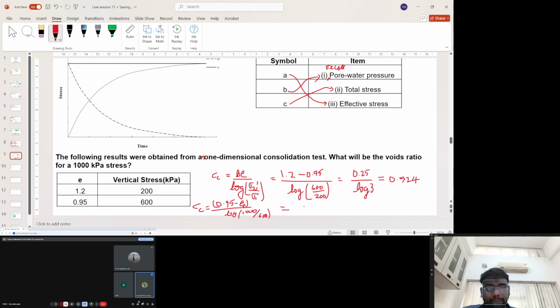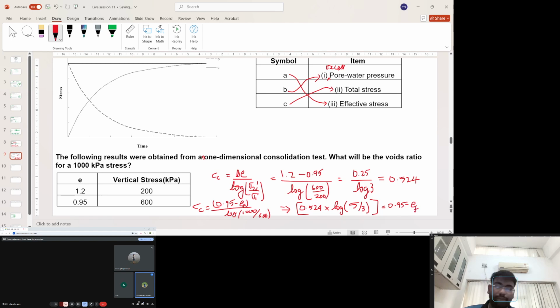So 0.524 into log of 5 by 3 equals 0.95 minus ef.